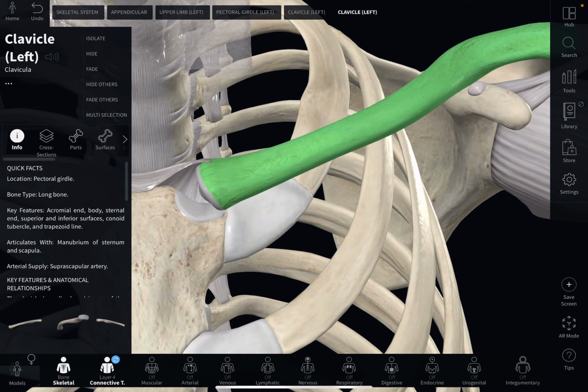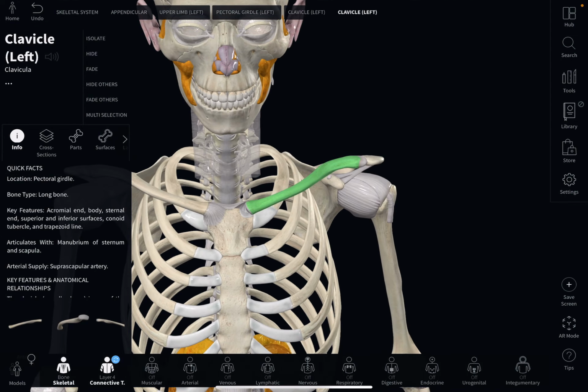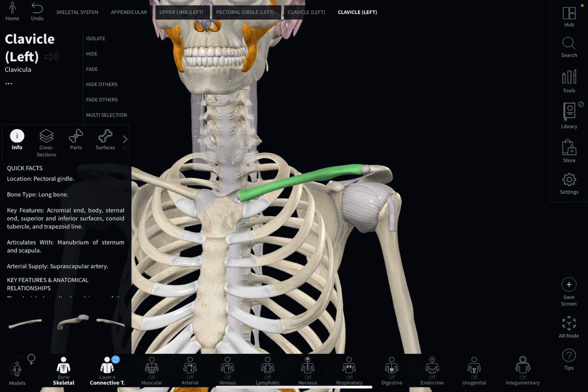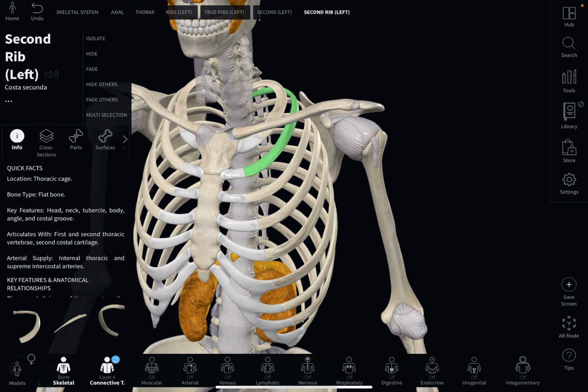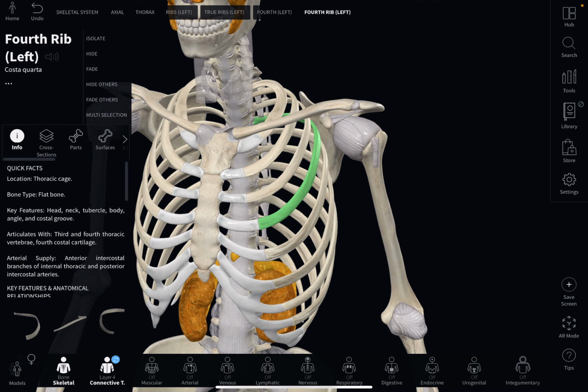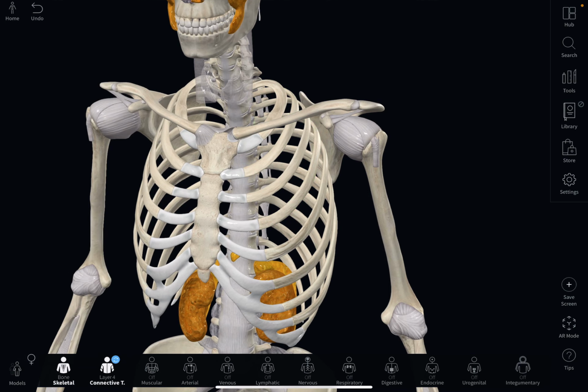Let me now show you the different surfaces of the clavicle. So here is your clavicle. Now the medial two-third, as you can see, has the surfaces. It has an anterior surface, that's the front; the surface seen from the front is the anterior surface.